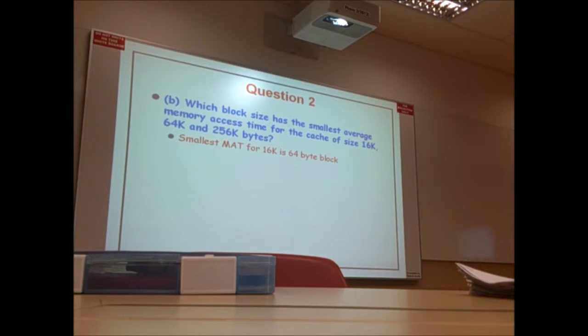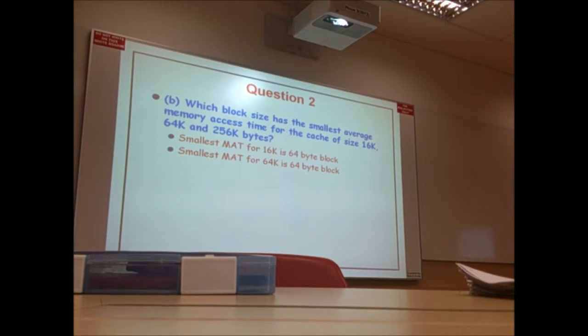If you look at the table, for cache size 16K, 64 has a mean access time of 3.32, which is the smallest. What about a 64K cache size? Which block size is the smallest? 64 again.